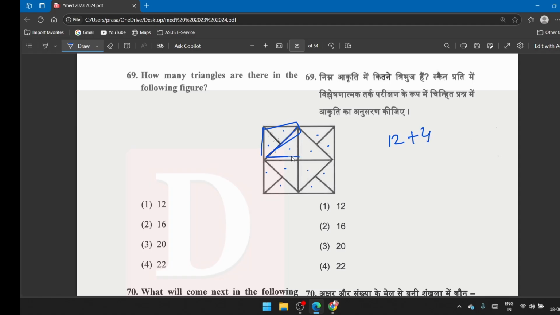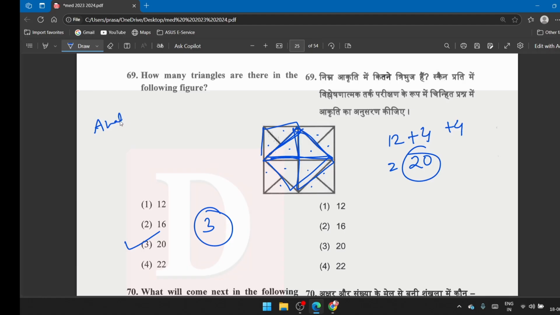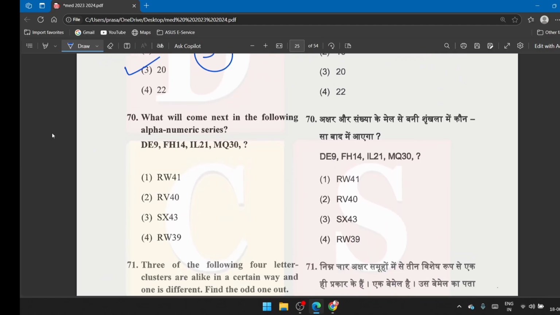Now 5, 6, 7, 8, or plus 4 again. 12 plus 8 means 20. So option 3 will be the answer. This is a question of analytical reasoning, which is a part of counting figure questions.